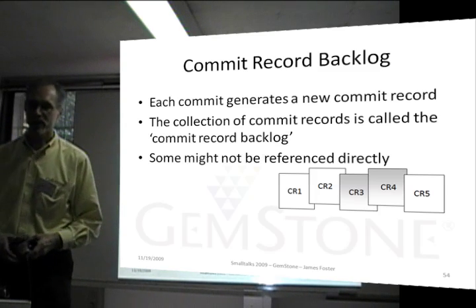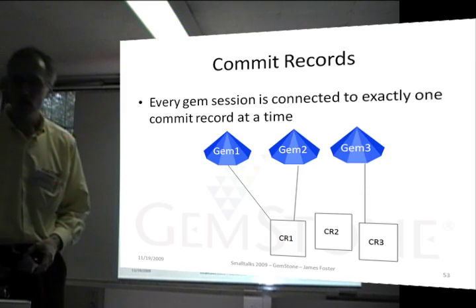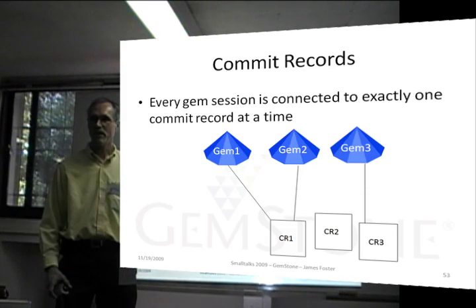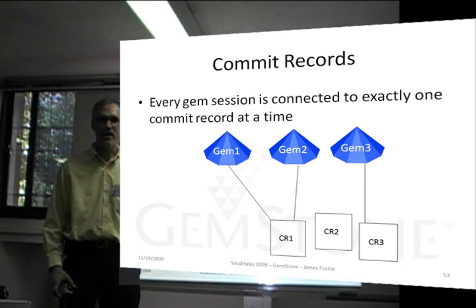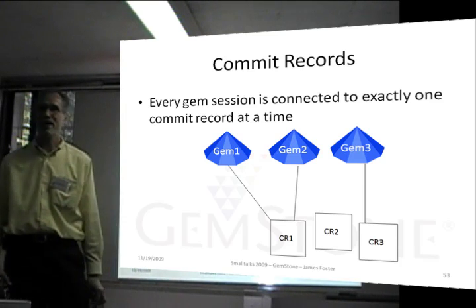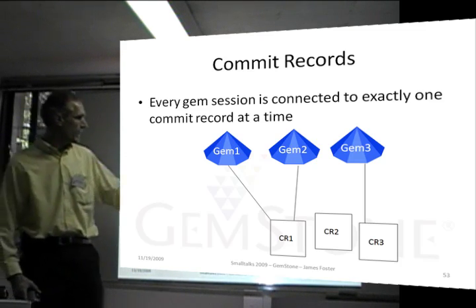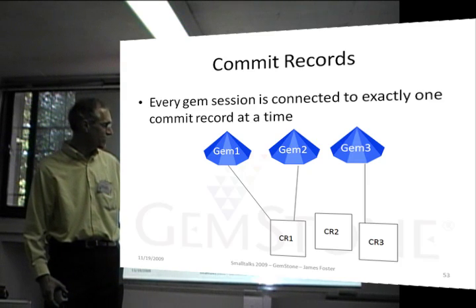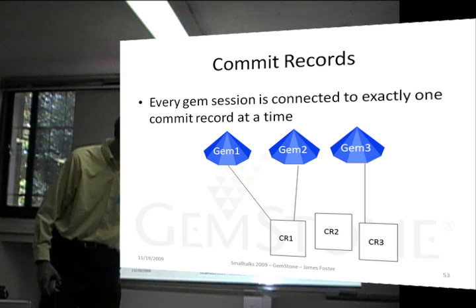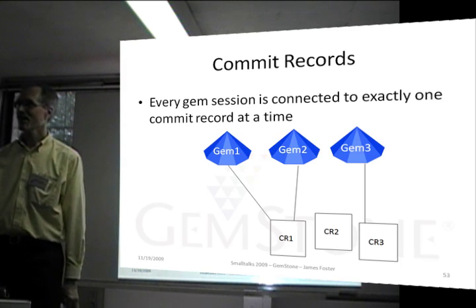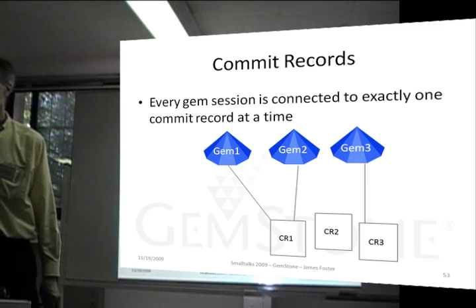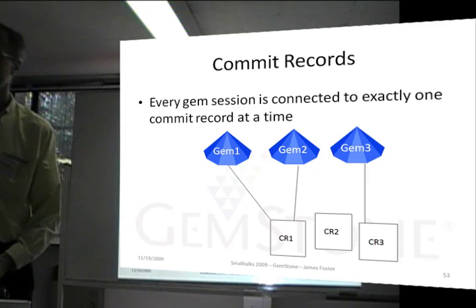So again, if we go back and look here, gems 1 and 2 are referencing commit record 1. Gem 3 is referencing commit record 3. We can't get rid of commit record 2 because in order to commit, gems 1 and 2 will have to look at the commit records for 2 and 3 to see if there are any conflicts.